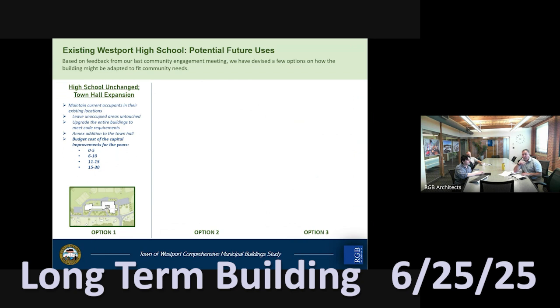So that started the conversation about what the cost use of the relative buildings are that you currently have, right? So we have the Council on Aging, we have the town hall, we have the town hall annex, along with the high school. So I can stop you there, Andrew.